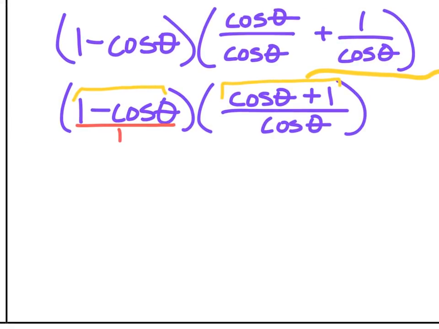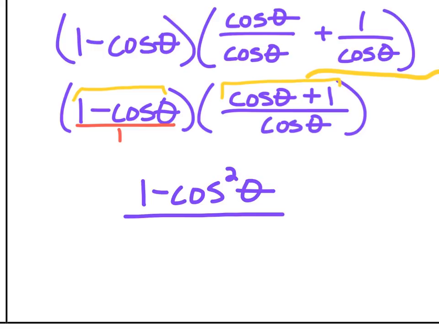And then when you're multiplying fractions, multiply the numerators. Well, we said that this numerator is 1 minus cosine squared of theta. Multiply the denominators. Well, that's 1 times cosine of theta, and that's just cosine of theta.